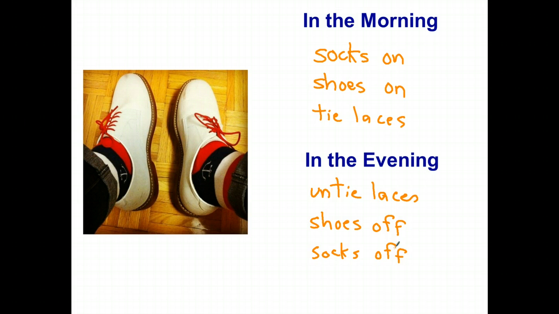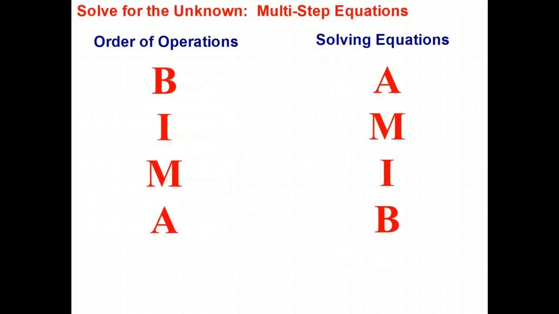So the important thing here is, here's the order of operations for putting his socks and shoes on in the morning. Here's the operations for undoing that. And the important thing is he has to undo it in reverse order. He has to untie his laces before he takes his shoes off. And that is what we have to do when we're solving equations.